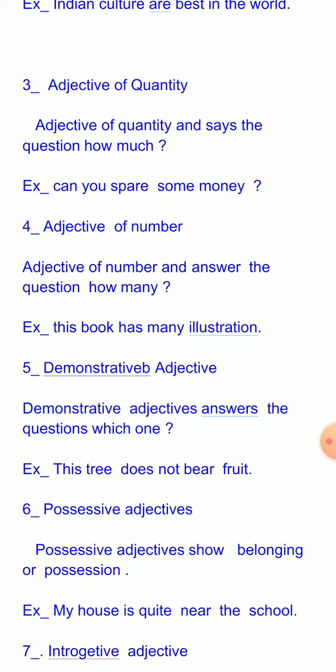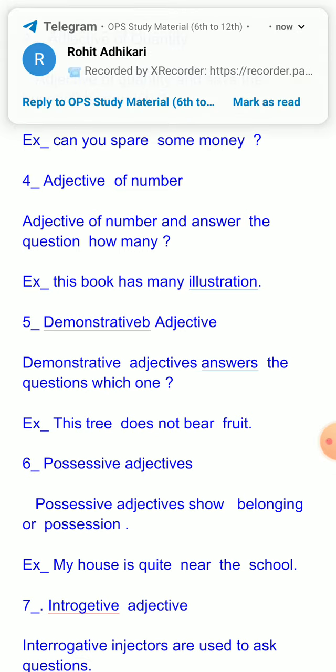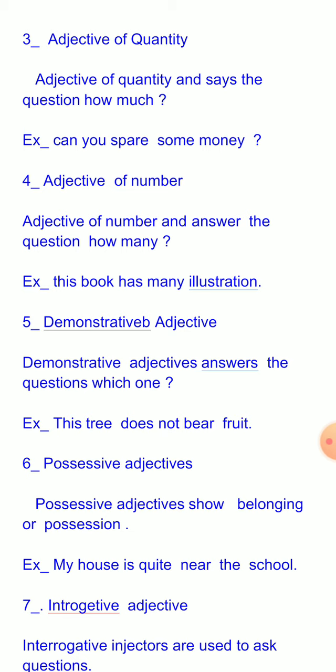This tree does not bear fruit. Which tree does not bear fruit? This tree. That boy is industrious. Which boy is industrious? That boy. This, that, these, those, such are the signal words for demonstrative adjectives.